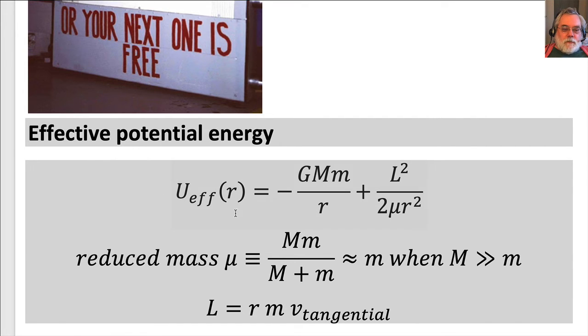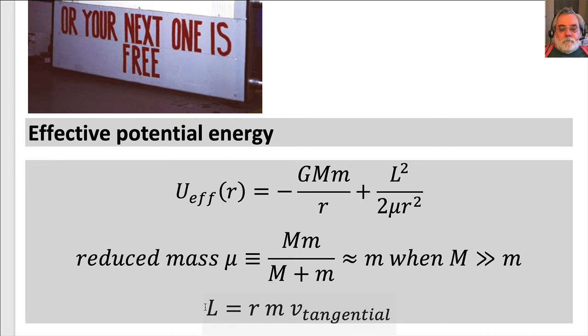Effective potential energy as a function of distance is minus GMm over r plus L squared over 2 mu r squared, where mu is the reduced mass, capital M little m over capital M plus little m. When capital M is much larger than little m, the reduced mass is nearly little m. And that's the case that we're going to be interested in.